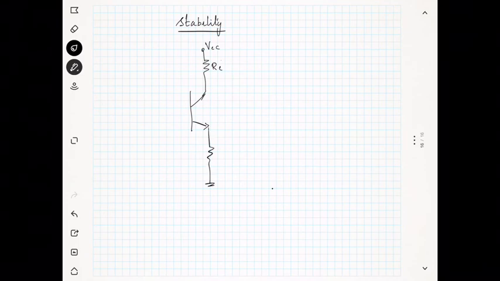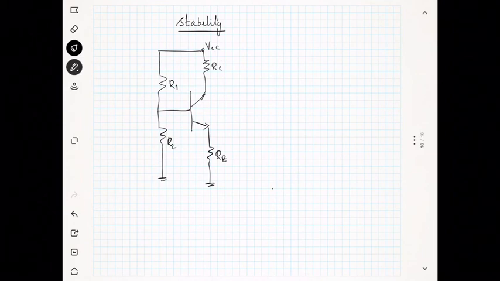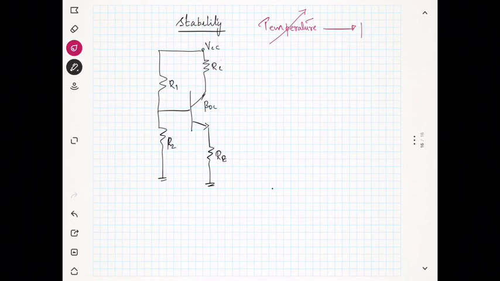Anyway, this is RE, this is R1, and this is R2. Now the transistor is having a beta DC. Let us assume that the transistor was having a beta DC initially, and due to the variation in the temperature, suppose the temperature changes, what will happen to beta DC?